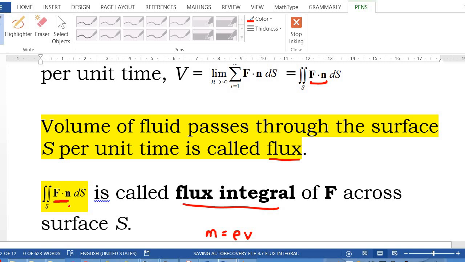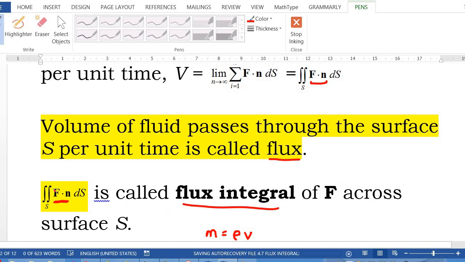If it were a scalar function, it becomes the surface integral of a scalar field, representing the mass of a lamina in 3D space. So if your integrand is F dot n, this represents the flux.